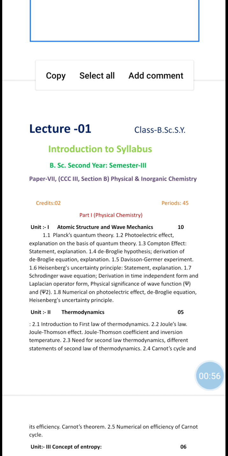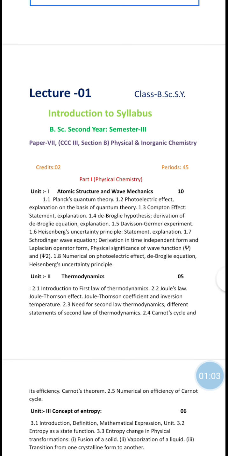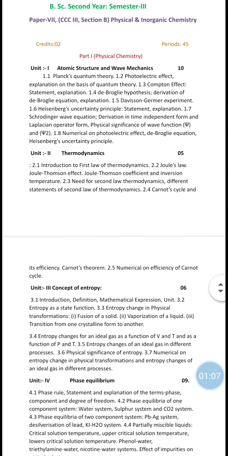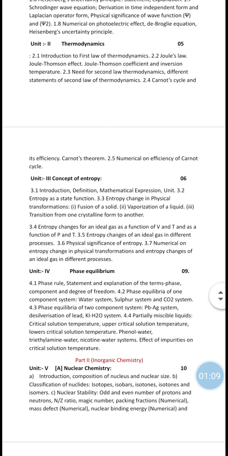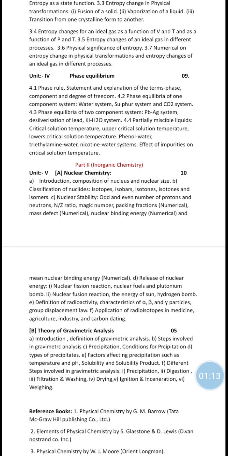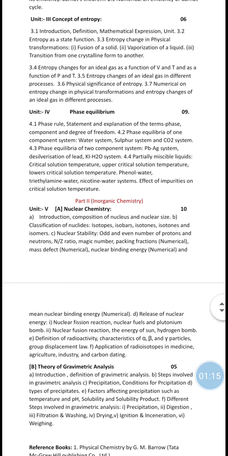Our paper includes two parts. One is the physical chemistry part and another is the inorganic chemistry part. The physical chemistry part constitutes 4 units, while the inorganic chemistry part constitutes just 1 unit.